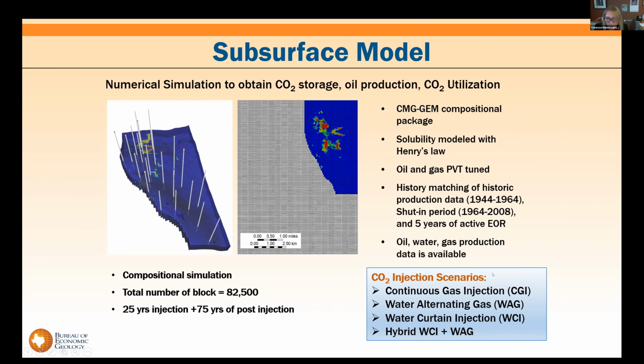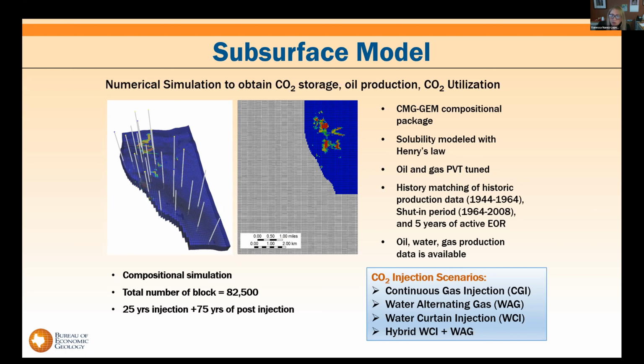But the most important part is that we modeled CO2 injection scenarios, some novel, some are the ones that are the most common. So we modeled continuous gas injection, where CO2 is injected just continuously into the oil reservoir, and this is actually what happened at the field. And so that's what we history matched, the continuous gas injection. And we modeled, of course, water alternating gas, which is the most common injection strategy.